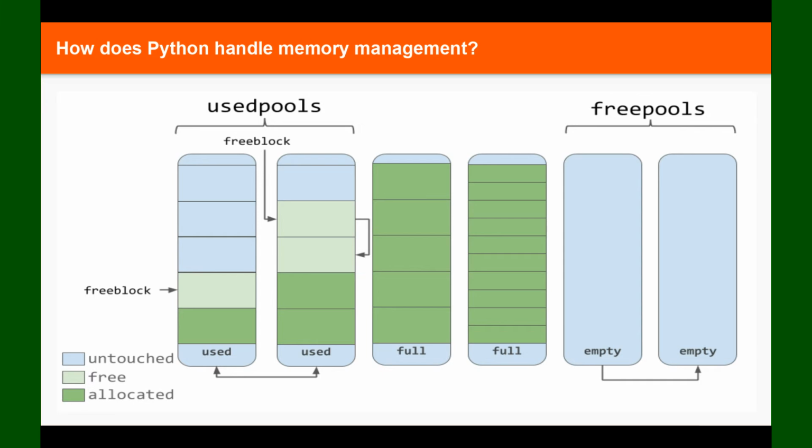In interning, Python reuses immutable objects like small integers and strings to save memory, and with slots, it uses __slots__ in classes to reduce memory usage by avoiding dynamic attribute dictionaries. This is how memory management is handled in Python.